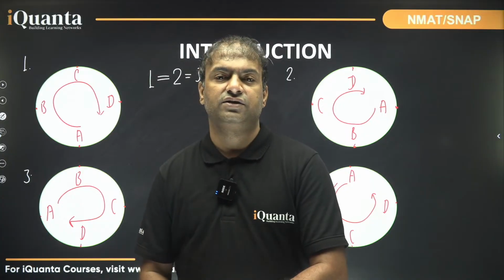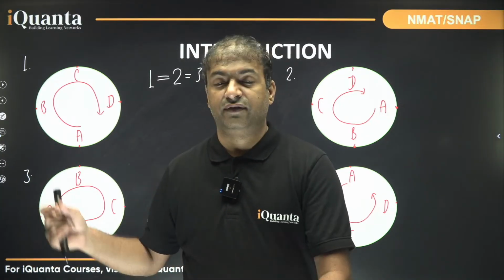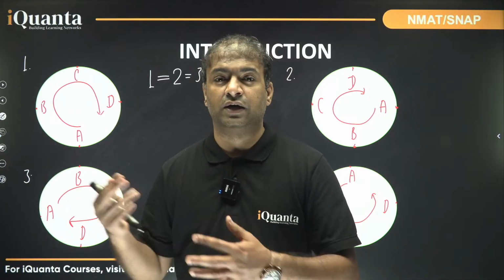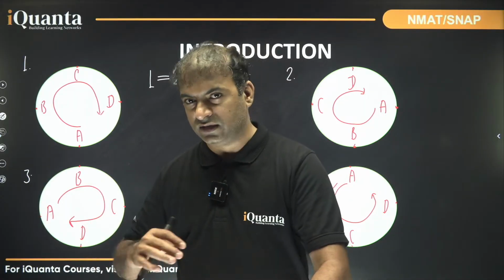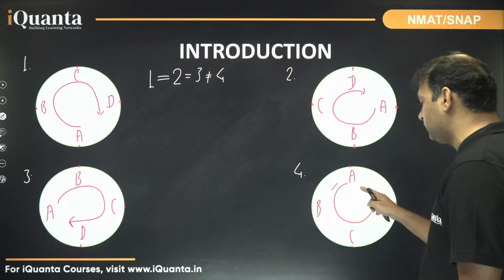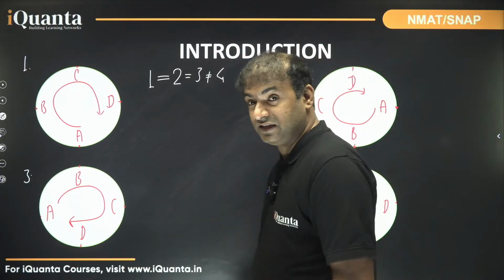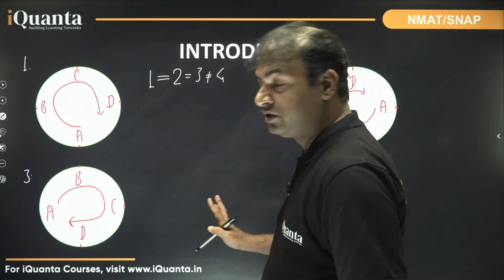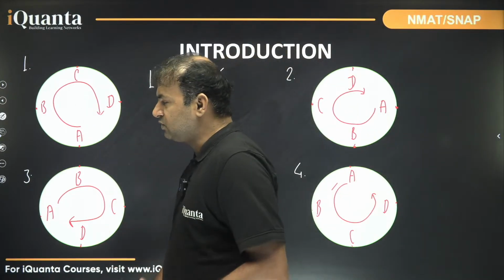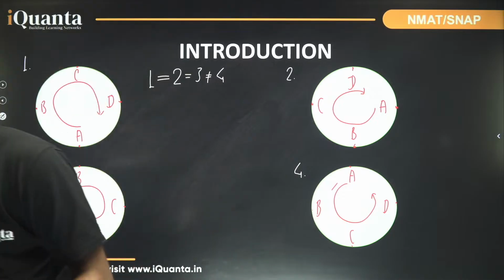What matters is the position of that person with respect to the others, right? If the position of a person with respect to others is same, then the arrangement will also be same. If the position of a person with respect to others is not same, then we will say that the arrangement is not same, like in arrangement number 4. So arrangements 1, 2, 3 are same, right? So guys, let's say there is a set involving the same 4 people A, B, C, D, right?